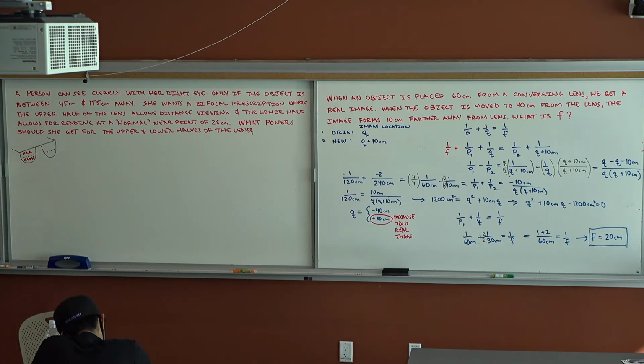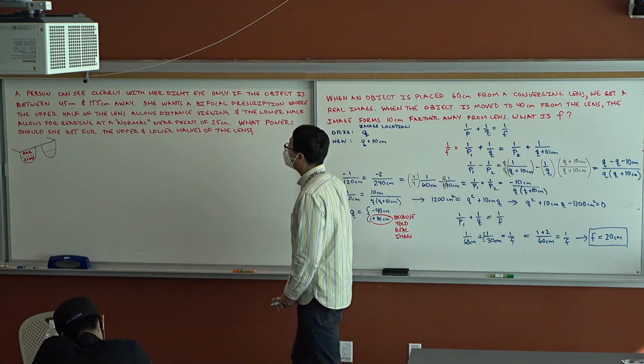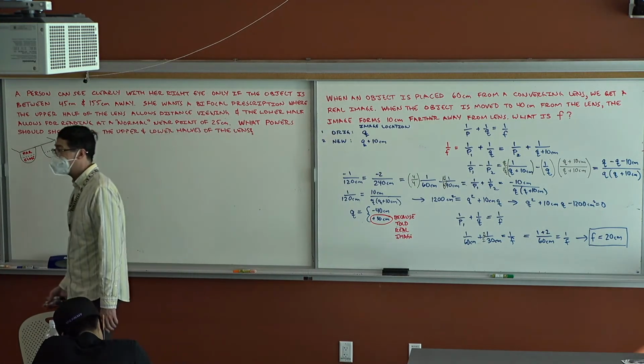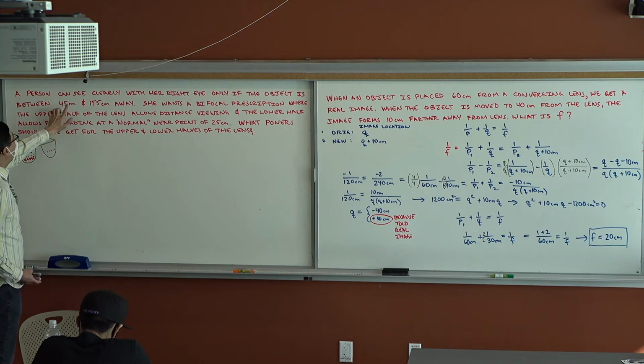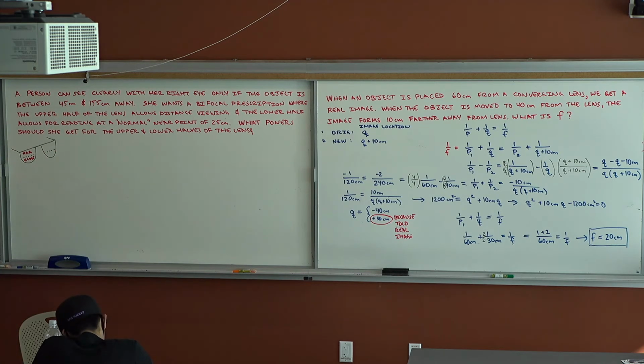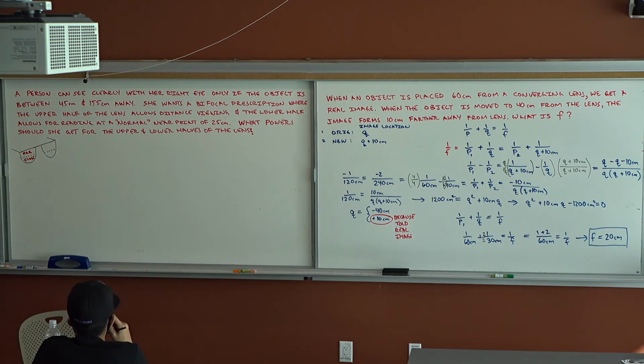And so this poor person, not poor, fortunate to have lived long enough for this to happen, can really only see clearly now if an object is 45 centimeters away, but not any further than 155 centimeters away.